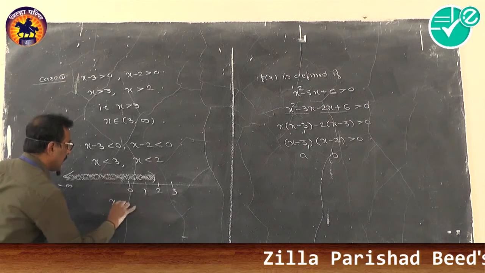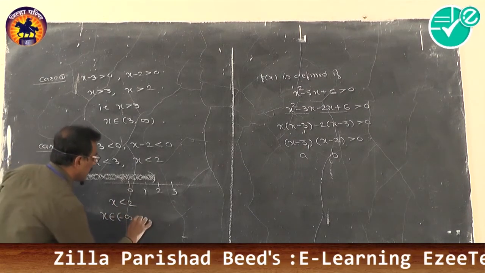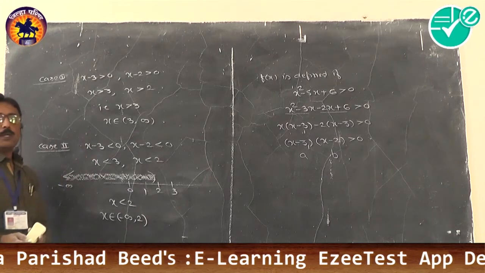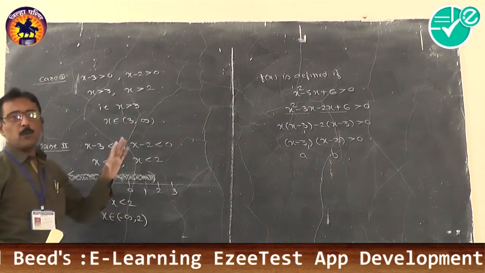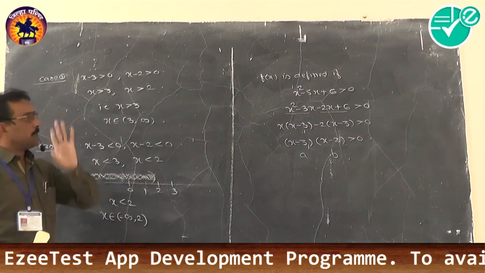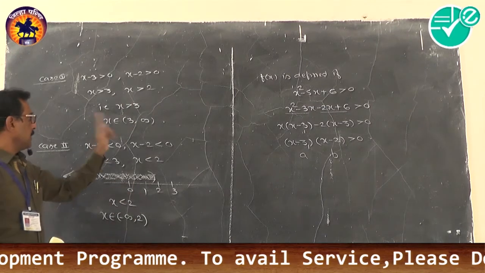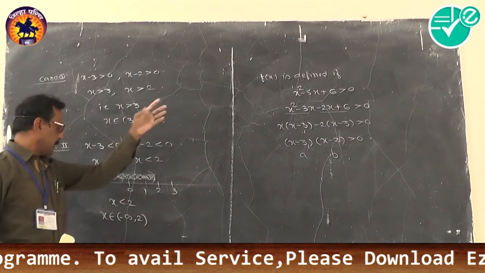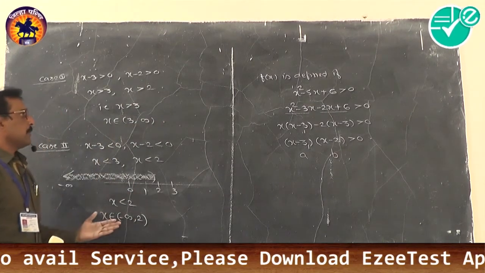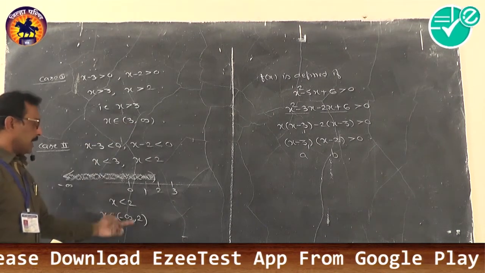So what should be the answer here? x less than 2 means from which one to which one? Minus infinity to 2. What is the definition of domain of the function? Domain of the function is the set of all values of x for which f of x is defined, and f of x is defined for this region also, which means f of x is defined for this interval union this interval.